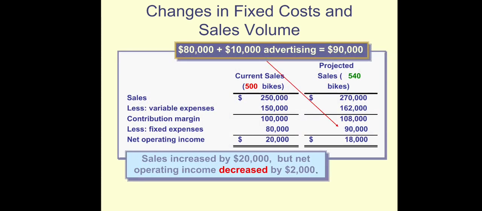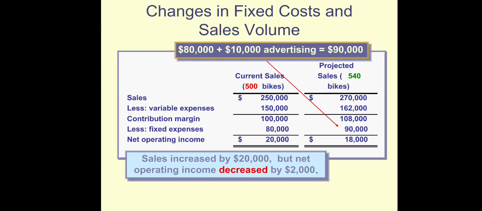Okay, let's see here. That's what I said. To answer this question, you compare the profit before the suggestion and profit after the suggestion. You can see here in column number 1, in this gray box, the items: sales, variable expenses, contribution margin, fixed expenses, and net operating income.